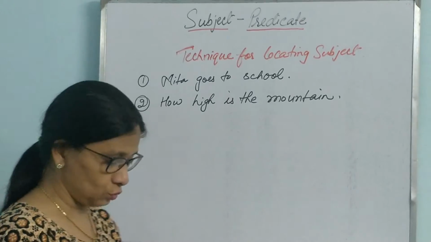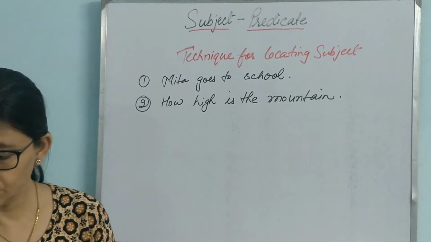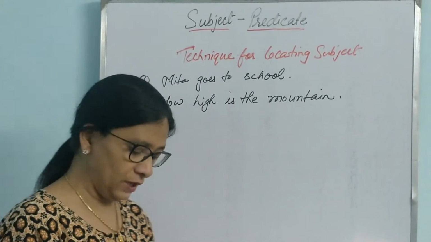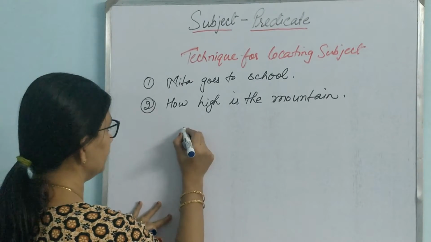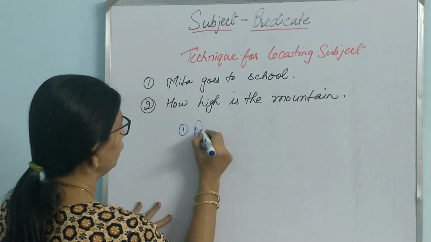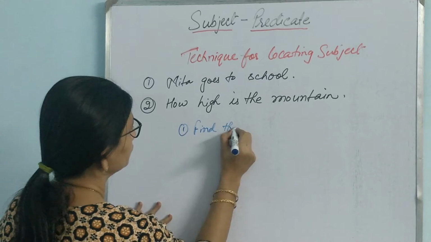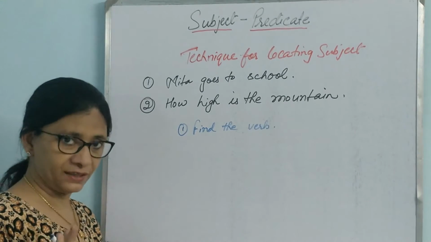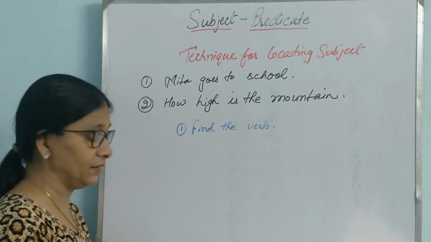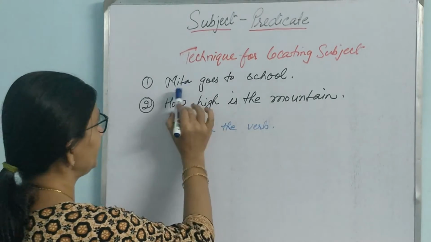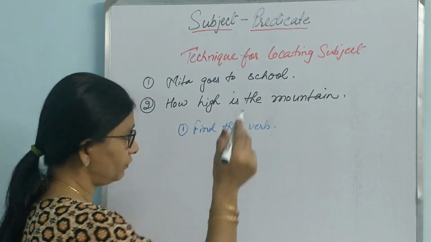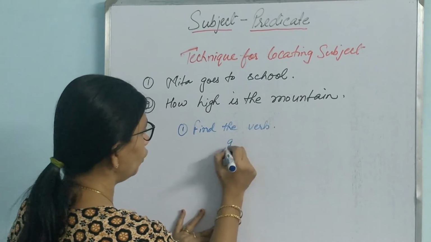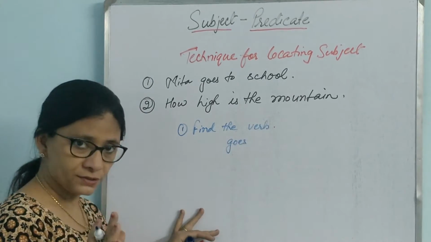Now, what do we have to do? First, the first step of the rule is we will have to find the verb. First thing that we have to do is find the verb in the sentence. Now, for the first sentence, Meeta goes to school, what is the verb? It is goes.